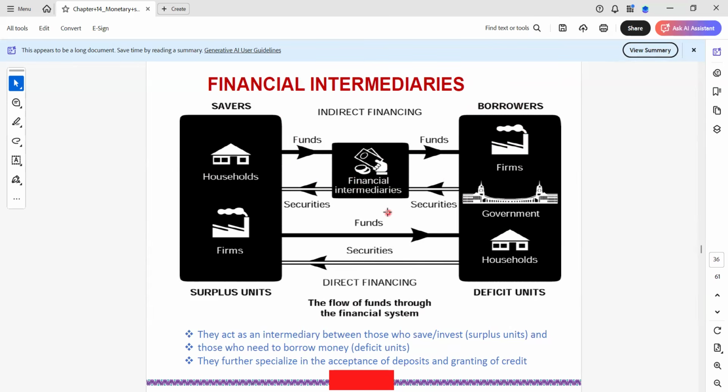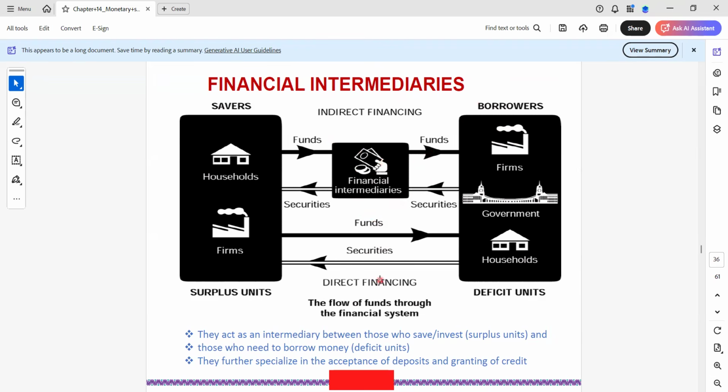From Capitec. I'm not sure if I'm making sense, but indirect financing just basically means the borrower gets money from the what? From the financial intermediary, right?